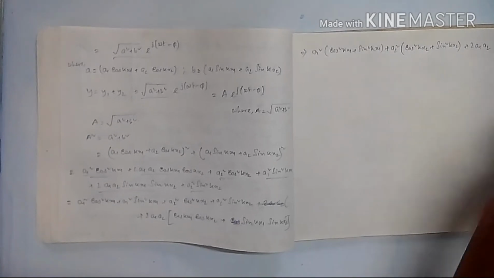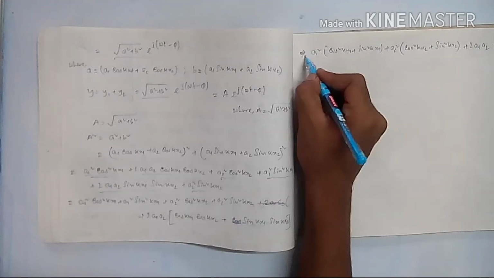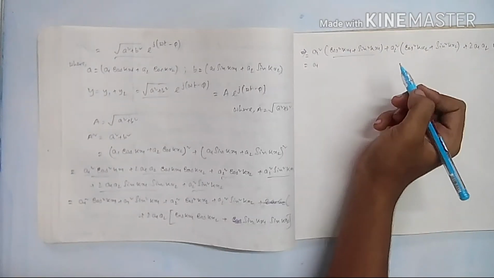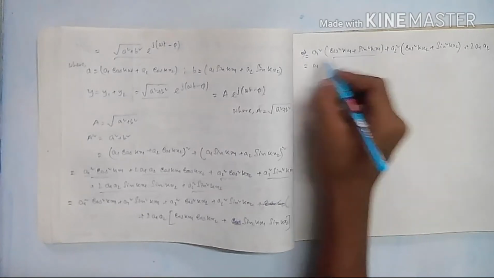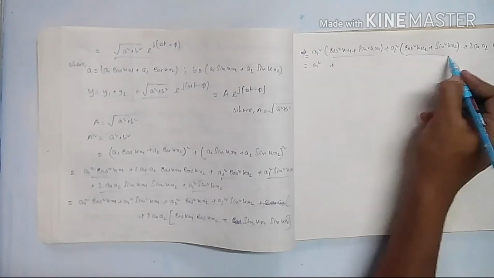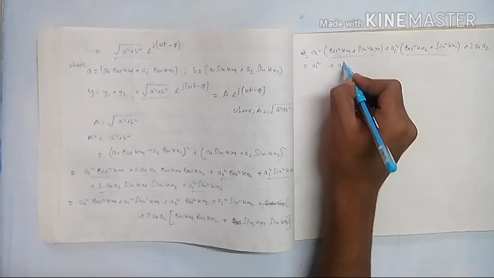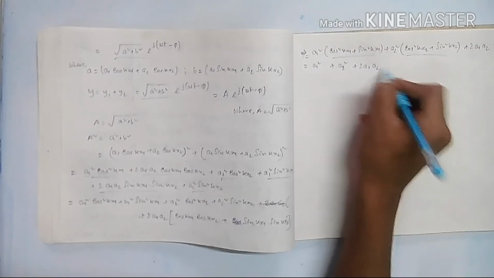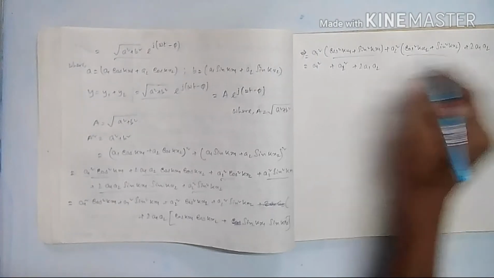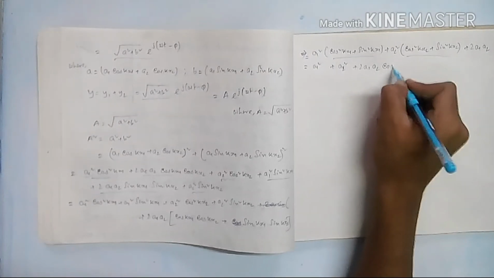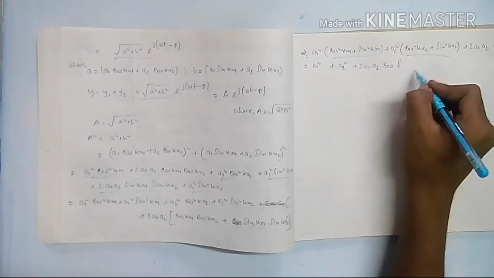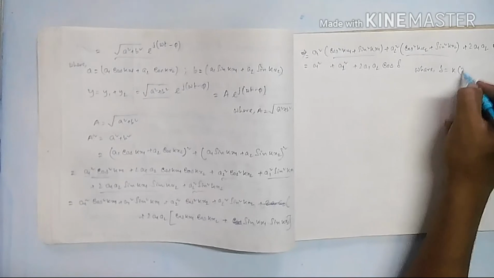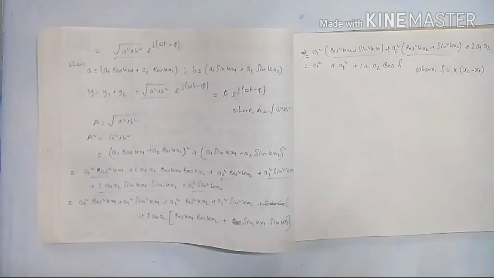Next, cos square theta plus sin square theta is equal to 1, so we get A1 square plus A2 square plus 2A1A2 cos delta, where delta is equal to k(x2 minus x1).